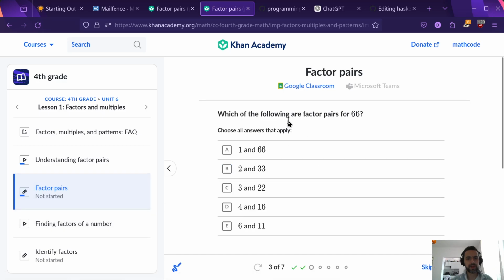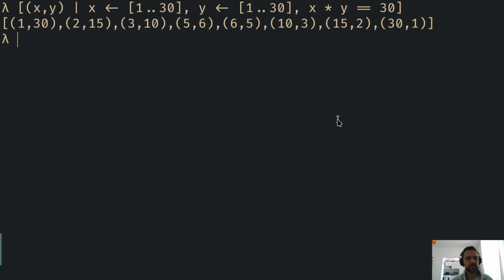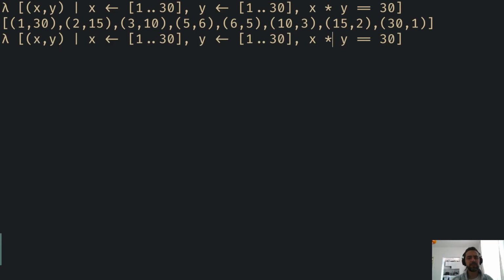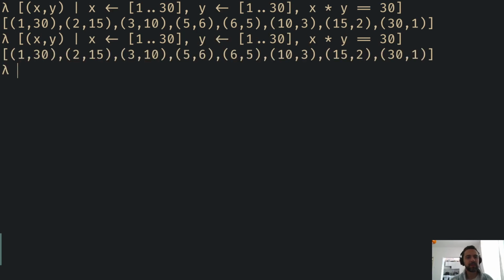Which of the following are the factor pairs of 66? But that means you could just get factor pairs for 66. And the more generalized... how would we write a more generalized function?